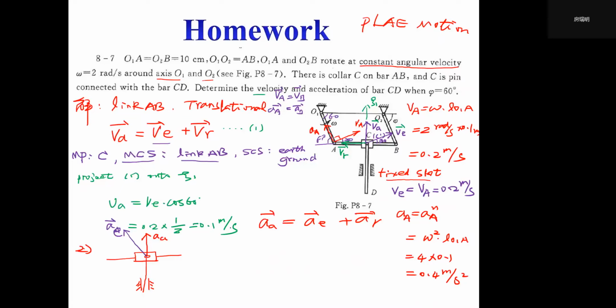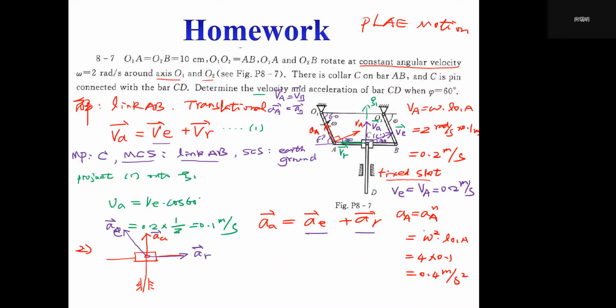And then we want to make sure that AA is in the diagonal position of this parallelogram, the sum of the two vectors AE and AR. So we will draw like this: this AA, this AE, and this AR.